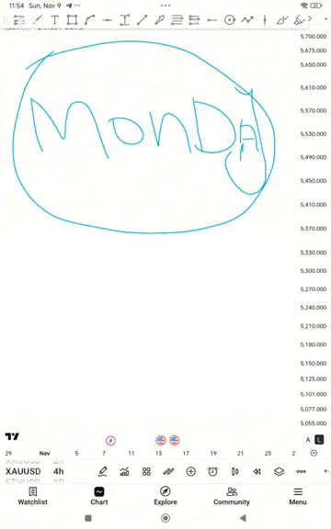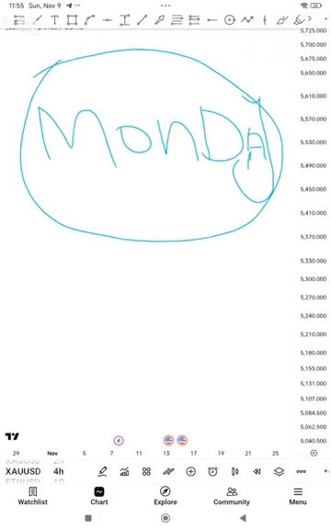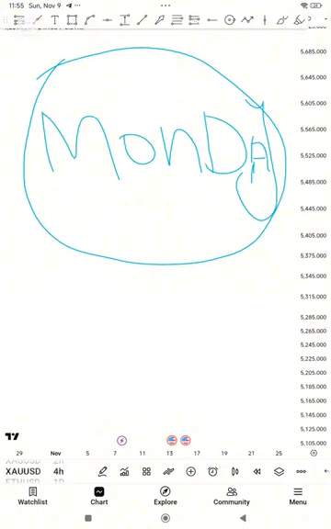Remember that the market moves from key level to key level, from internal liquidity to external liquidity. Now internal liquidity can be in the form of order block, FVG, imbalance, etc. And external liquidity can be any old high or old low.